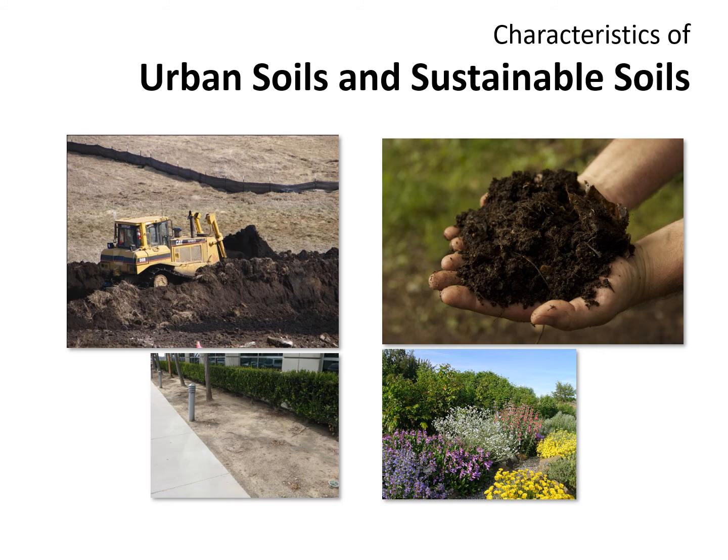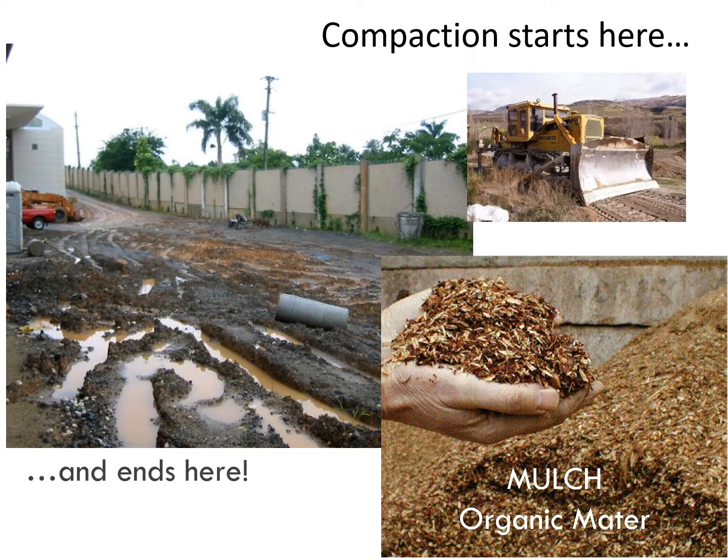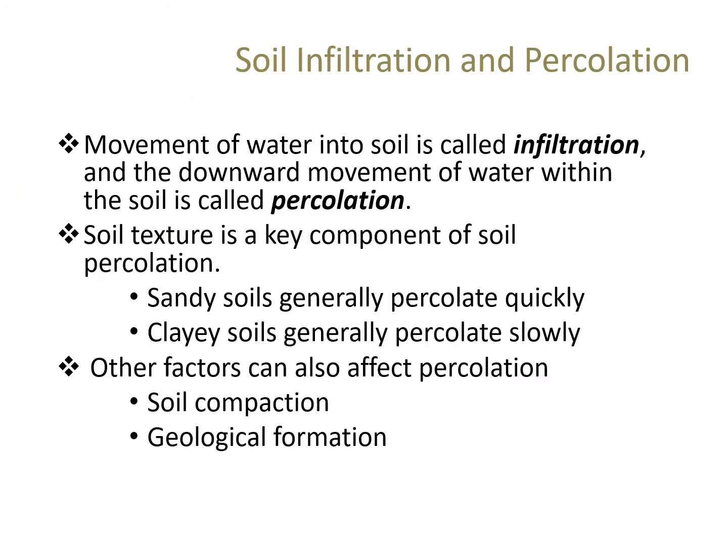The way that soil was remediated was by rototilling it in areas that were away from trees, adding compost into it to loosen up the soil, and this is what it looked like about a year later. Compaction starts with our processes on the soil, and mulch and organic matter are how we remediate compaction.